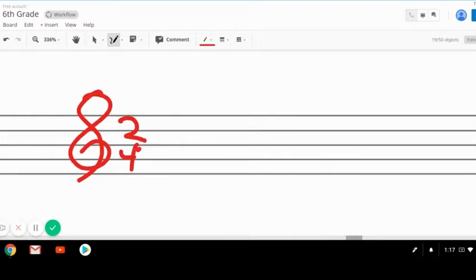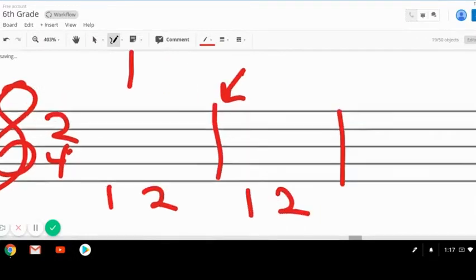We would then divide up the music using bar lines to make measures. So if we had 2 beats to a measure, we put a bar line down. This is a bar line to show the first measure. This is measure 1. We put another bar line after 2 beats to show another measure.